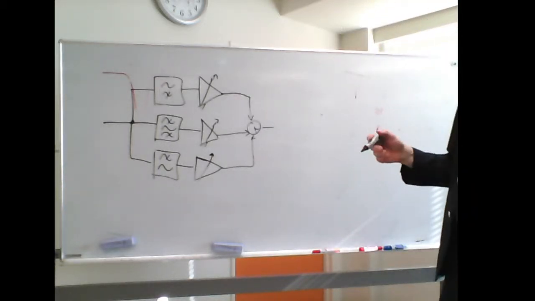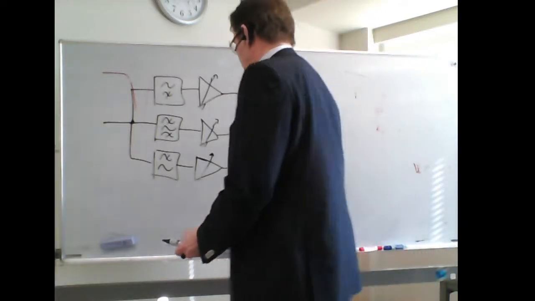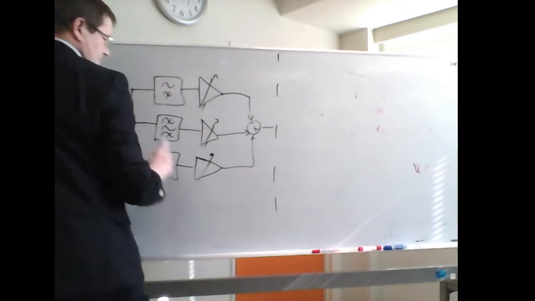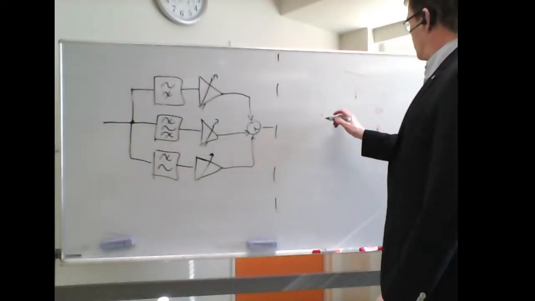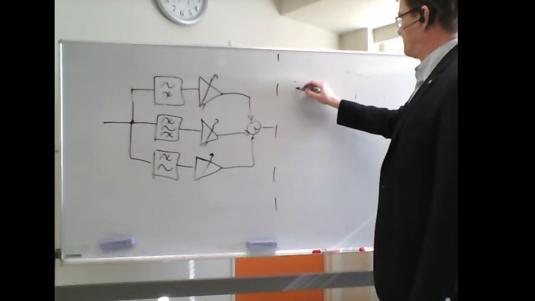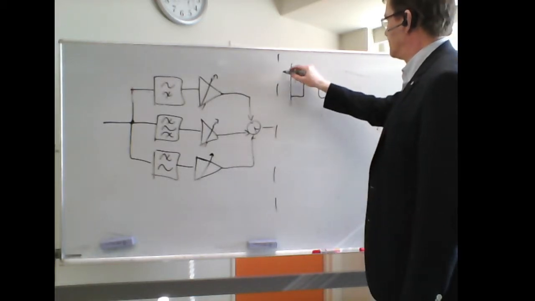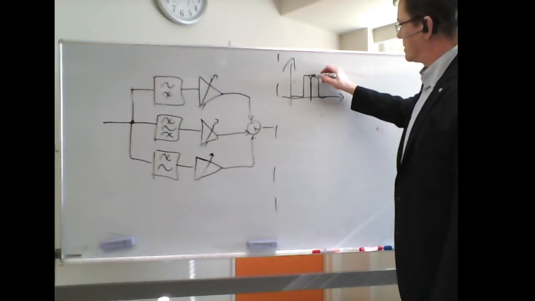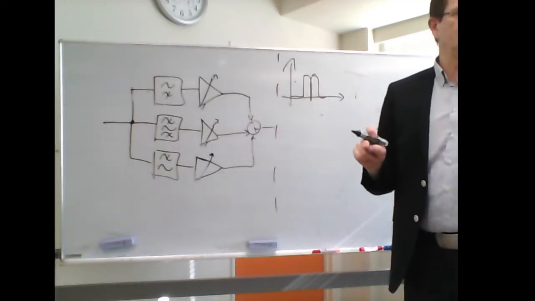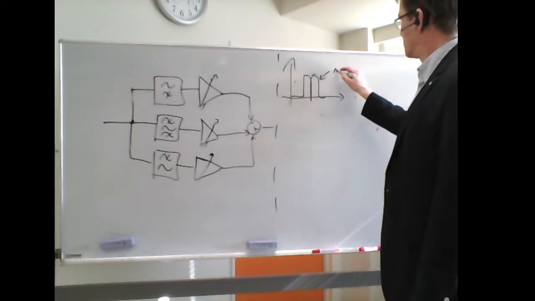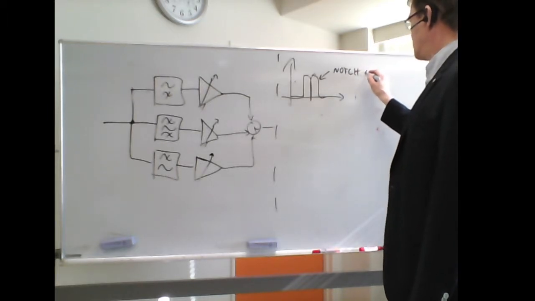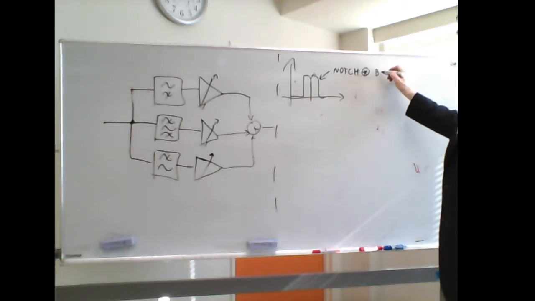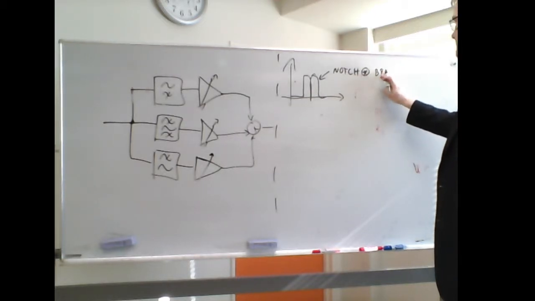If you need another kind of filtering, you are cascading filters. For example, the bandpass filter, or if you want the notch filter combined with the bandpass filter. Notch convolved with bandpass filter BPF.